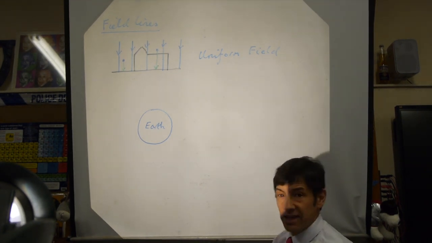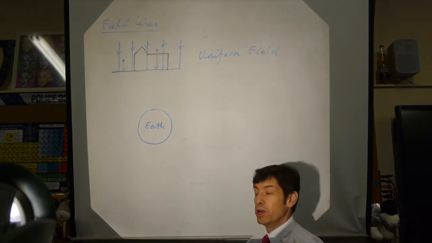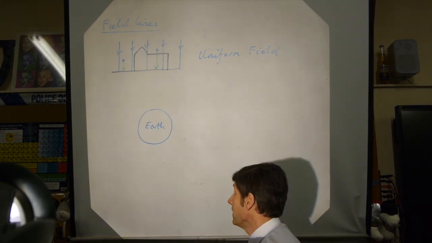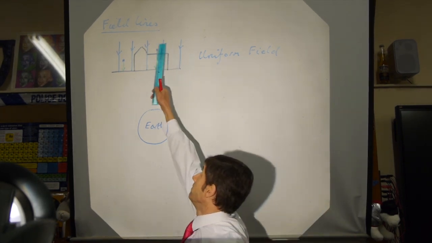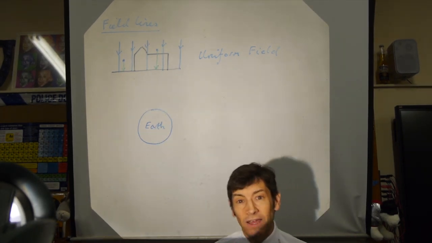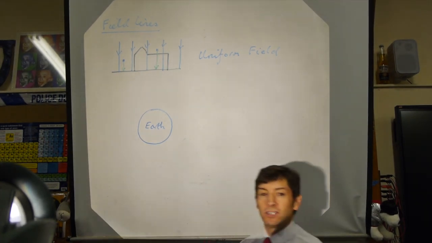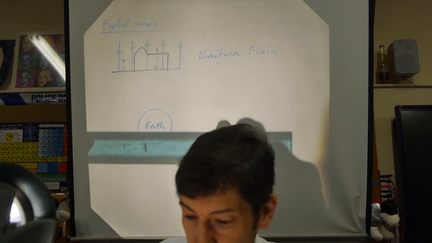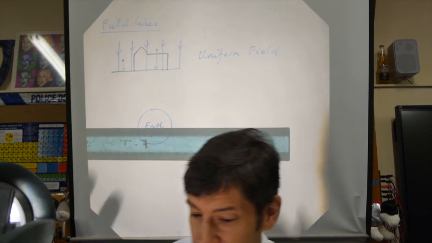Secondly, use a ruler, because they're not going to be wiggly. And thirdly, you must put the direction on, because it's a vector. It's going to show you the force vector, the direction that things will go. There is one other thing you must never do, and I'll come back to that in a second.